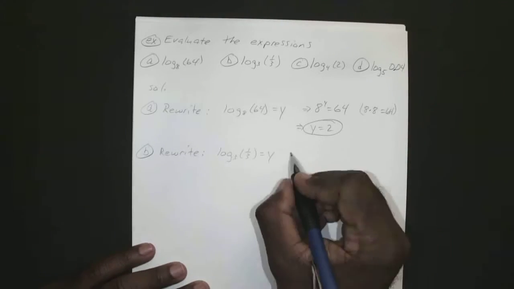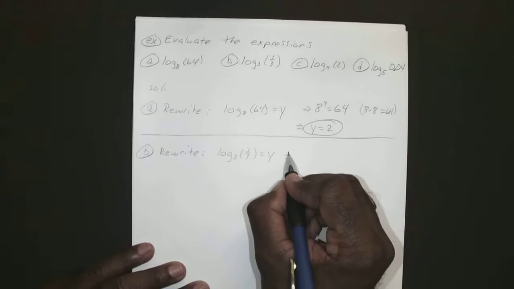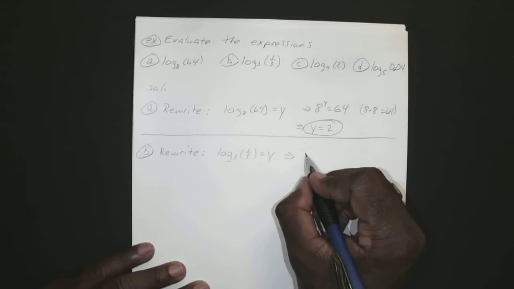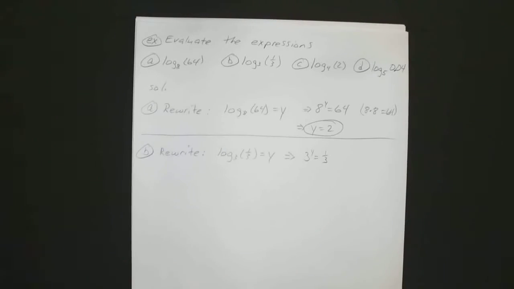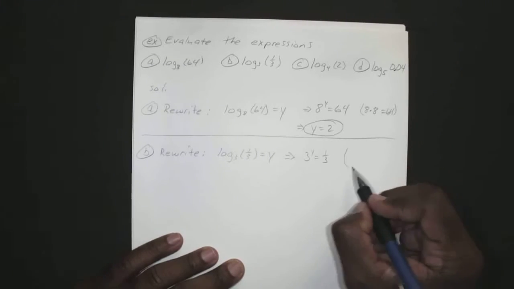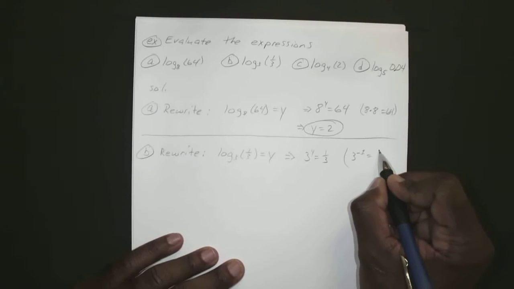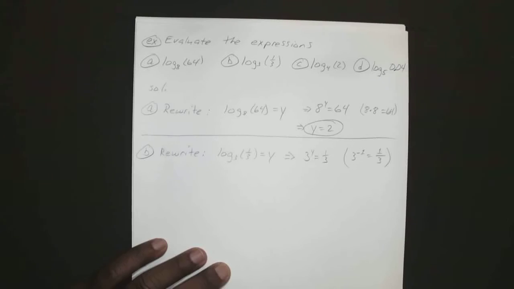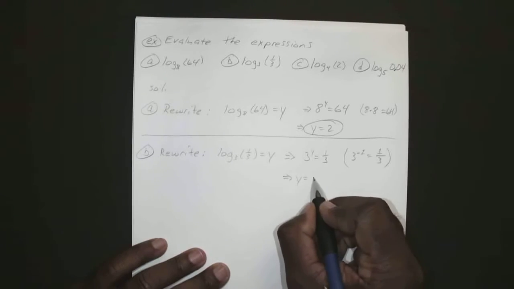Okay, so that would give us 3 to the power of y equals 1/3. Okay, so for this one, we know that 3 to the negative 1 equals 1/3. So we know that y would have to equal negative 1.